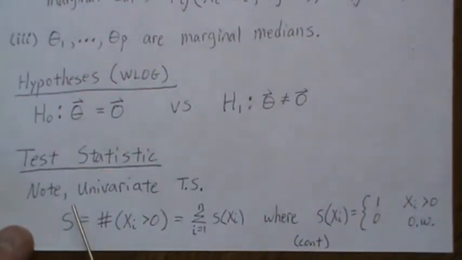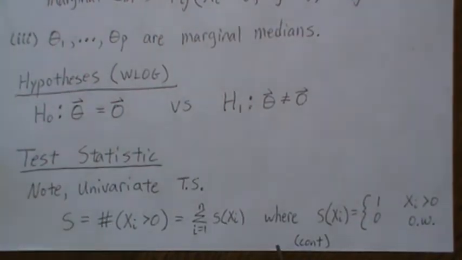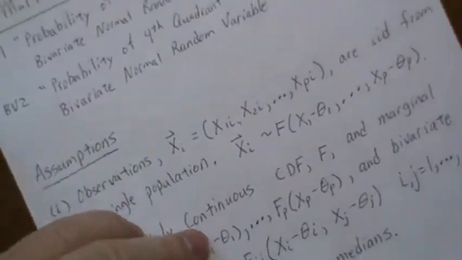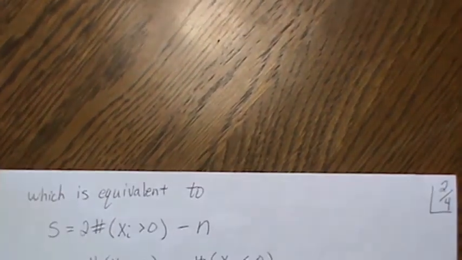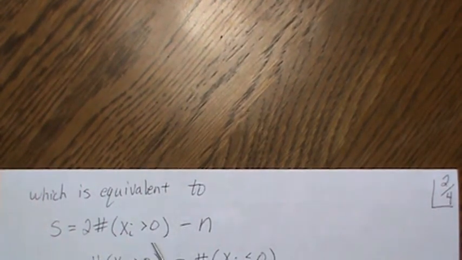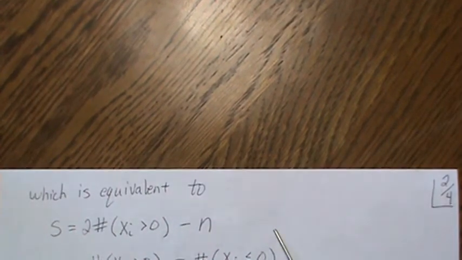Okay, but remember, our goal is the multivariate test statistic, and this is the univariate test statistic. And one thing to remember, when you have a test statistic, if we add constants to it, it doesn't change it. So the test statistic that we just did is equivalent to this one, where we multiply it by 2 and subtract n. Remember, we reject if this is, say, greater than k.